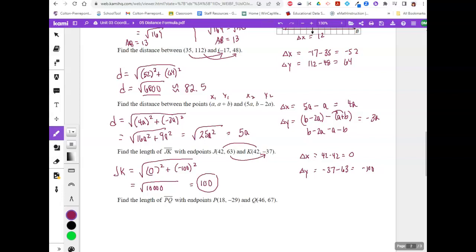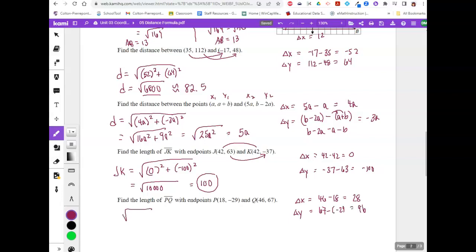Find the length of PQ with endpoints (18, -29) and (46, 67). The change in x is going to be 46 minus 18, which is 28. And the change in y, we are going from negative 29 to 67, so it's going to be 67 minus negative 29, which is 96.